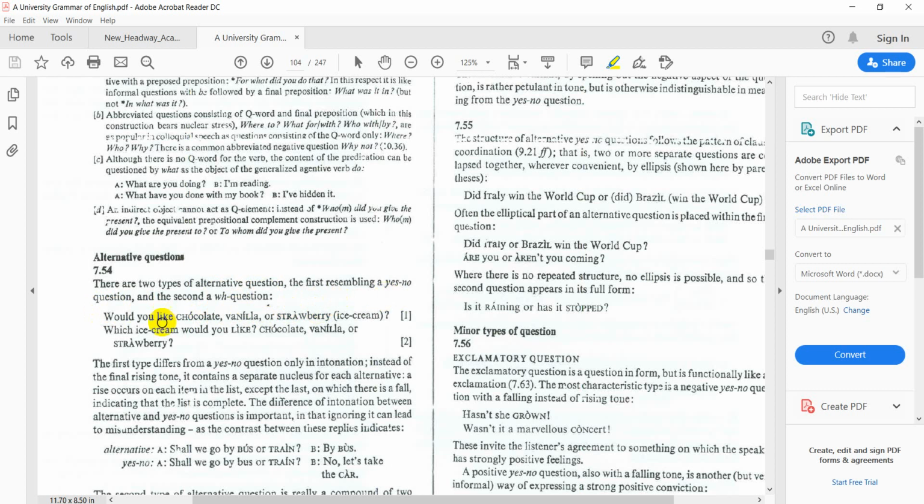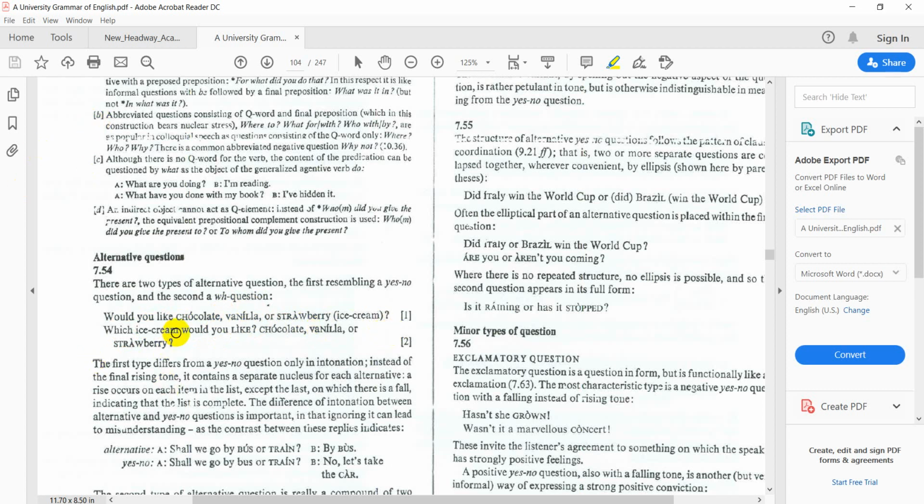In the first one of this type, we depend on the operator found in the sentence, and we give choices. So I ask by the operator and I give choices. But of course, the reply will not be yes or no. It will be by choosing one of these choices.